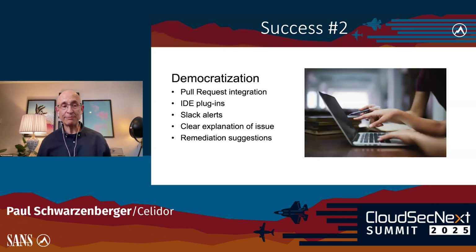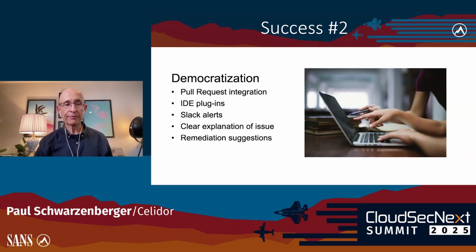If the developer teams use Slack, they need to get the alerts in Slack. Sending alerts in email is no good if they don't read their emails or only read them every few days. And also, for this to be successful, there needs to be a clear explanation of the issue so that the developer can clearly understand why it's important, and also have some suggestions for remediation.